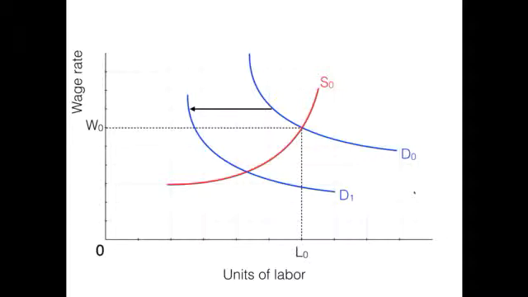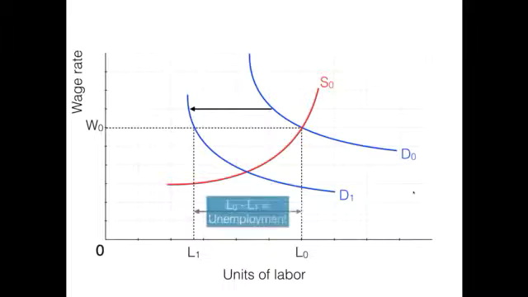What will occur? Well, if we follow W0 to the demand curve, that gives me the quantity of labor that is demanded, and L0 is still the amount that is being supplied. So we have people who want to work at W0 but cannot find jobs because companies do not want to hire them at that wage rate. So L0 people want to work at the wage rate, but companies only want to hire L1. So the difference between the two is the unemployment that occurs.